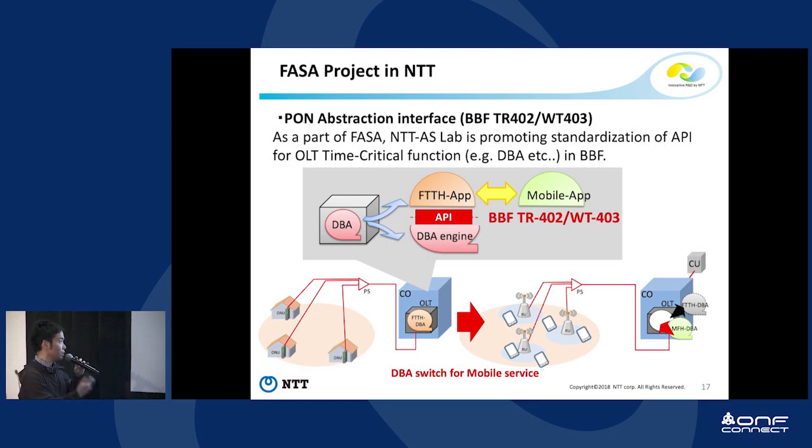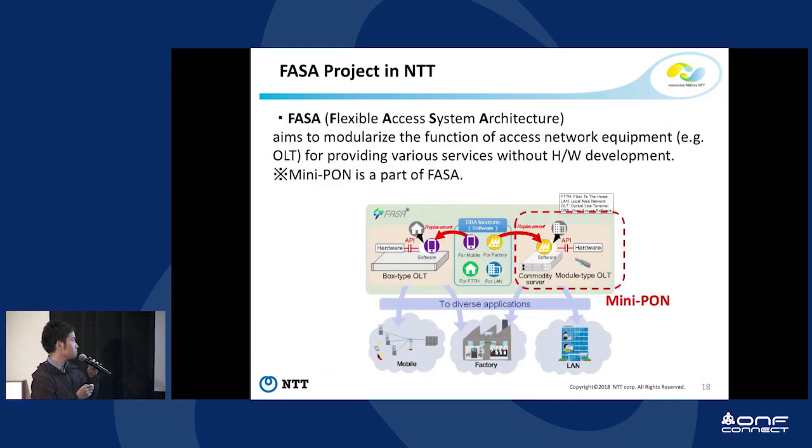So we can easily switch between these different types of DBA without hardware modification. That is the point of the BBF demonstration. We believe this kind of service flexibility and hardware selection flexibility will diversify the applications of passive optical networks in the future.